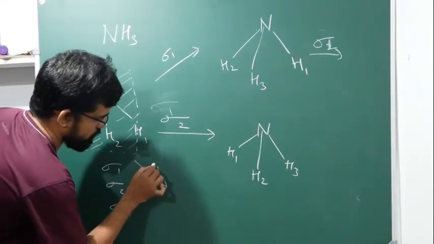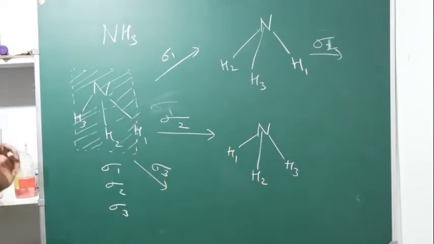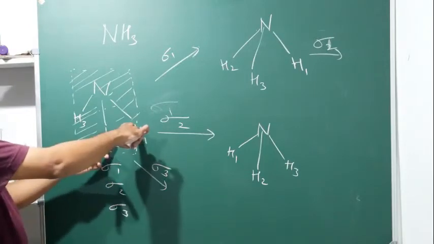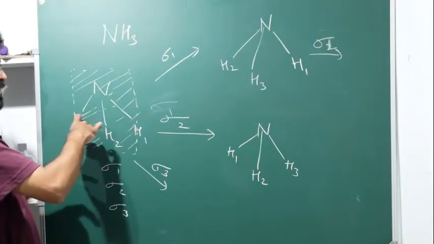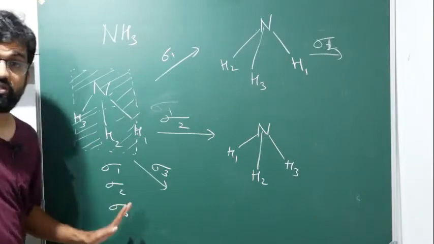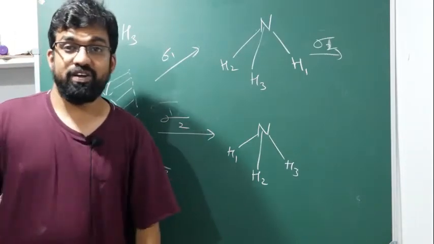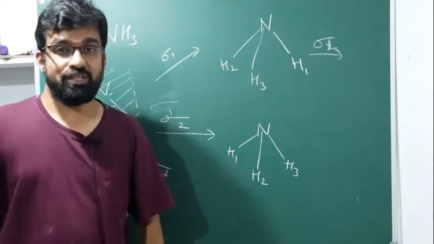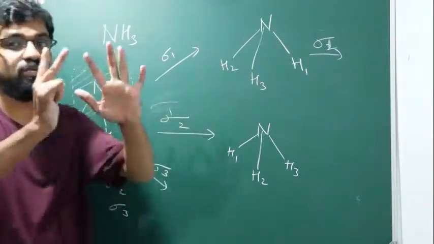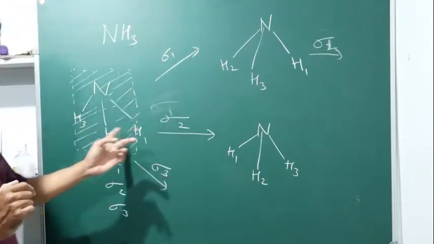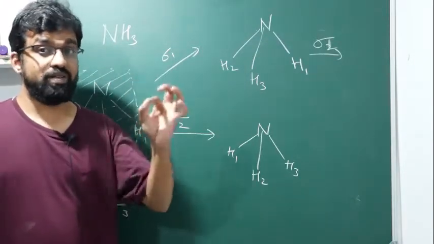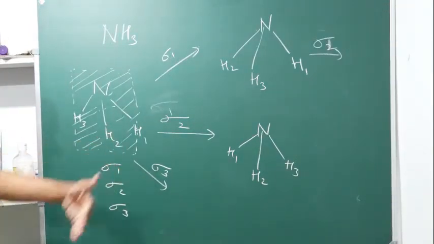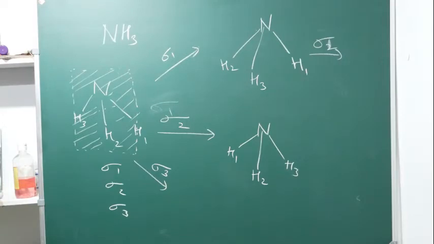Remember your initial position is very important. Suppose your initial position, you are writing H1 here, H3 here, H2 here, that will not affect your further symmetry operations. But once you initially put the positions of the hydrogens, you have to keep that clearly in your mind, and when you do the next operation, you don't change that position.